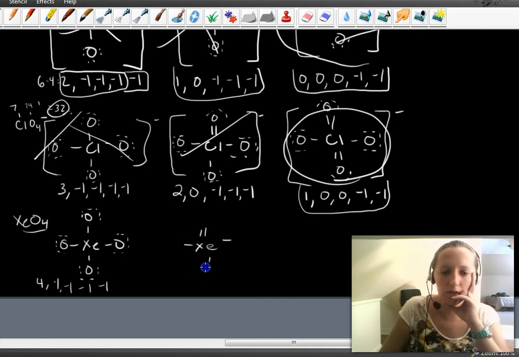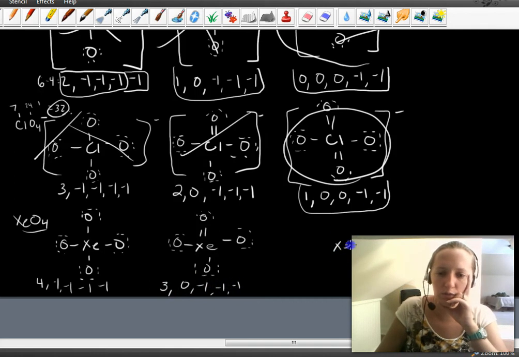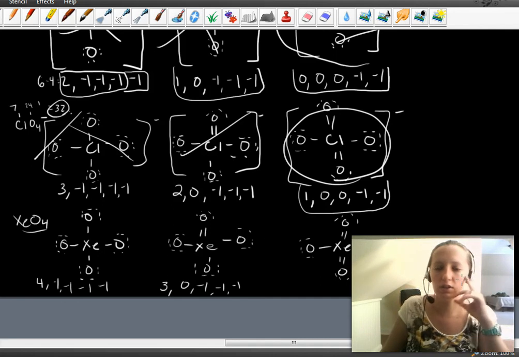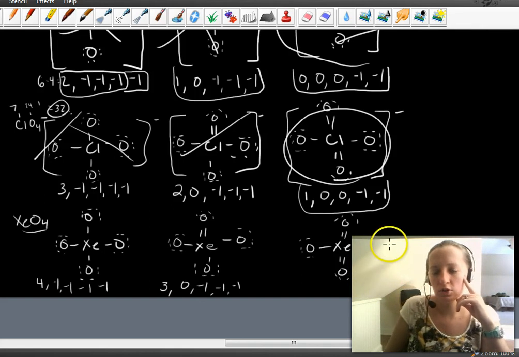And with only one double bond, you have a score of 3, 0, -1, -1, -1, and with 2 double bonds, you have a score of 2, 0, 0 for your double bonded oxygens, and -1, -1 for your single bonded oxygens. And so that is again the best score.